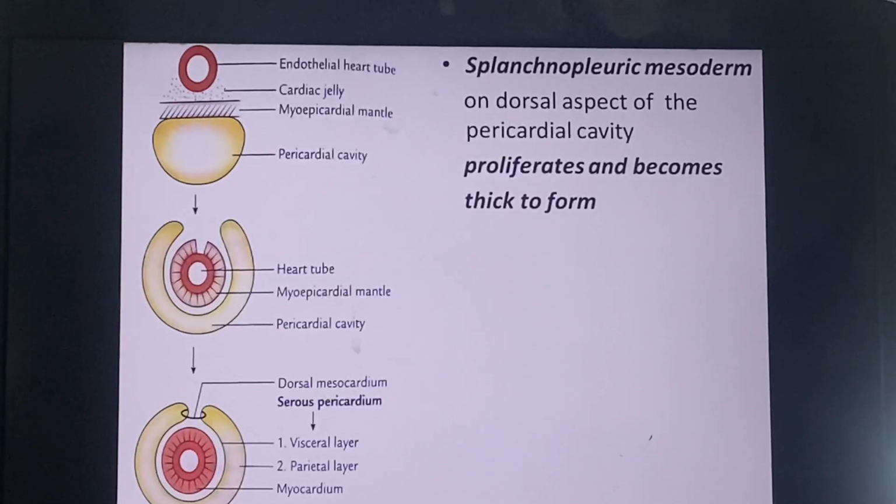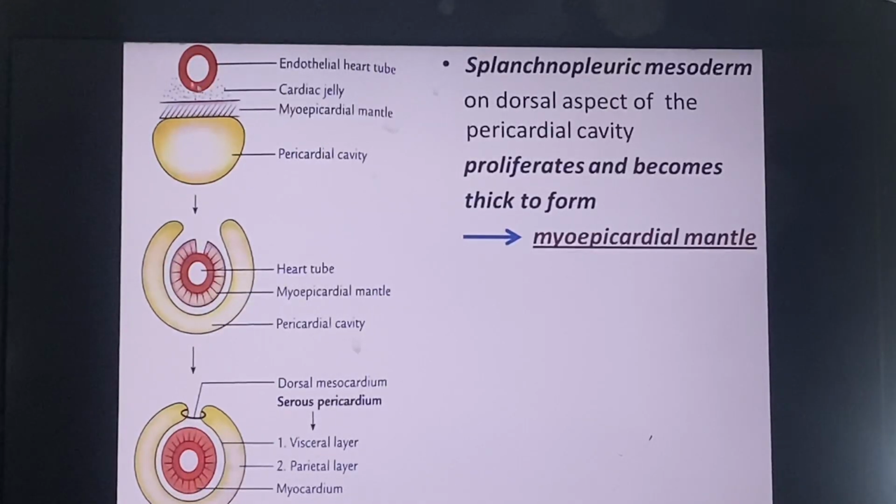The splanchnopleuric mesoderm on the dorsal aspect of the pericardial cavity, where the heart tube is lying in the roof, proliferates and becomes very thick to form the myoepicardial mantle. You can see in the diagram, the splanchnopleuric mesoderm lying in this region proliferates and becomes the myoepicardial mantle.